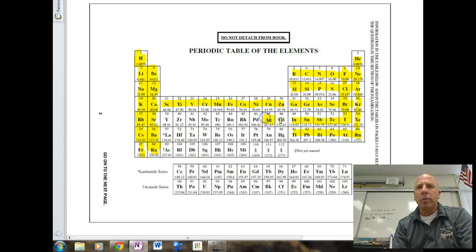Definitely know Ag is silver, there's cadmium and mercury, there's gold, platinum, and some of these other ones are kind of random ones that do come up. You should probably commit them to memory. And there are a few down here in our actinide series that you should probably take a look at and know.